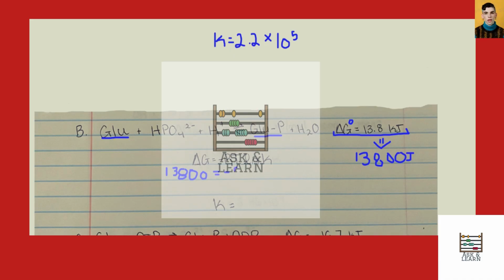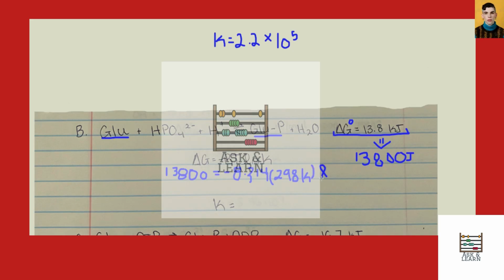Equals negative 8.314. Remember, that's our constant. And then we have times 298 Kelvin.